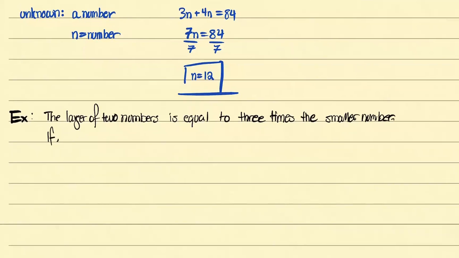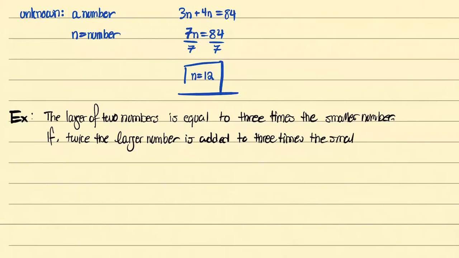If twice the larger number is added to 3 times the smaller number, the sum is 27. Find the numbers.